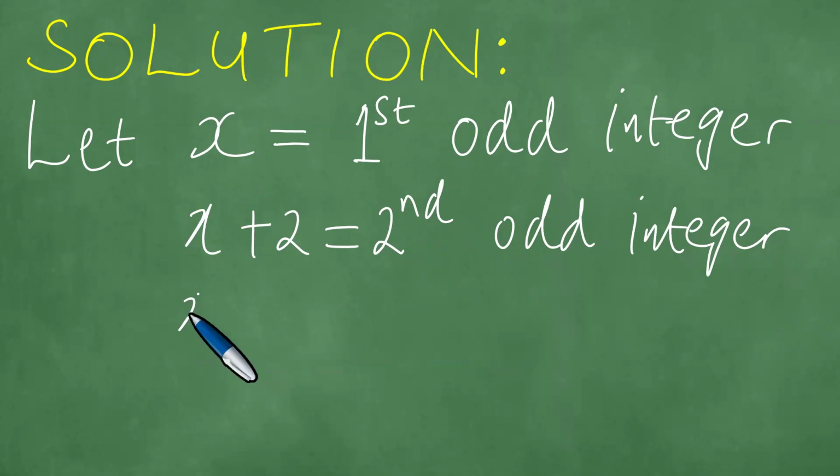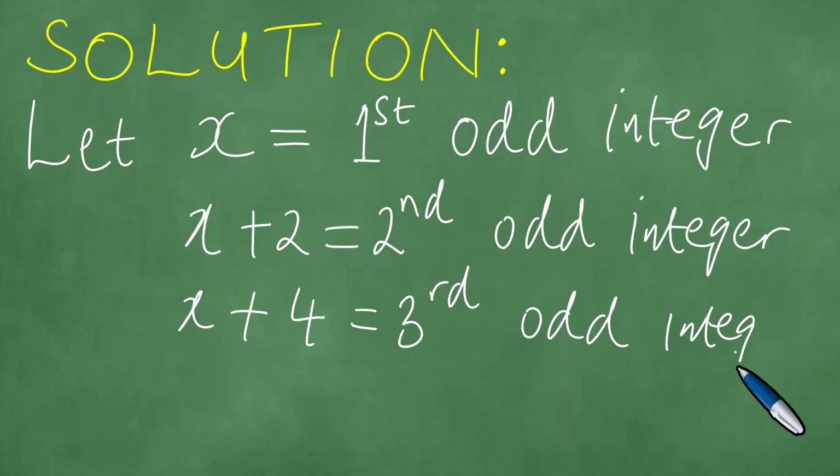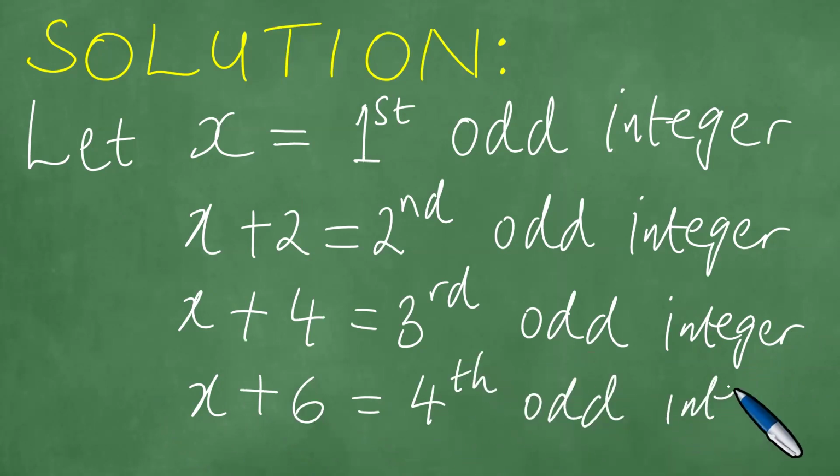After x plus 2, the next one is x plus 4, the third odd integer. After x plus 4, the next one is x plus 6, which is the fourth odd integer.